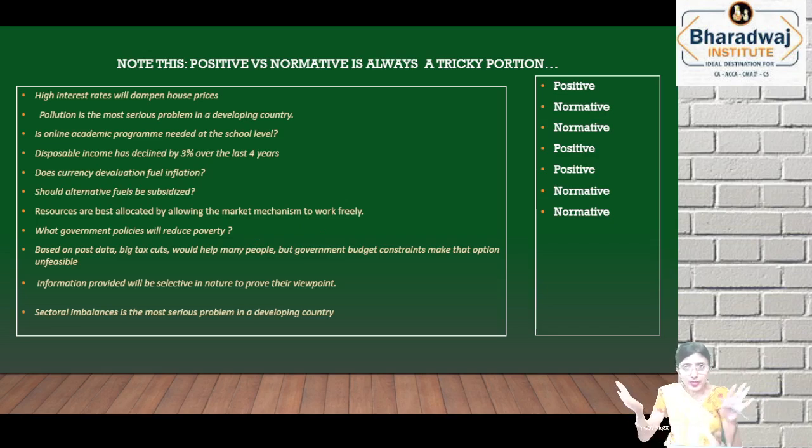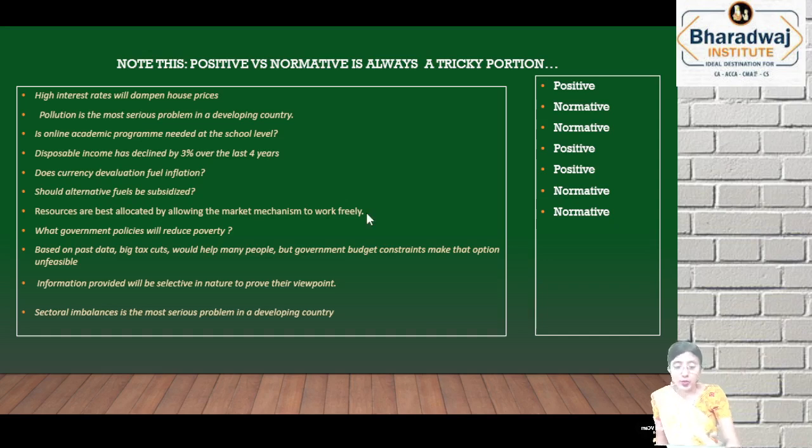For me, the opinion is government only will do justice. Look at the statement. How can we say they are best allocated by allowing the market mechanism to work freely? It is controlled by the market forces. Volatility is very high. Supply and demand will be influencing the price. So that cannot be done. So for me, resources are best allocated by government. So whether private or public, the term best is somebody's judgment, somebody's opinion.